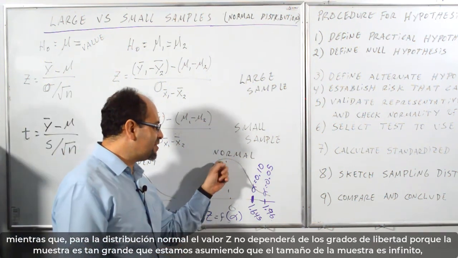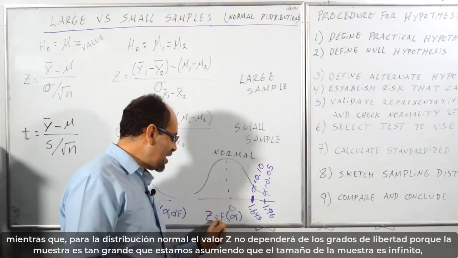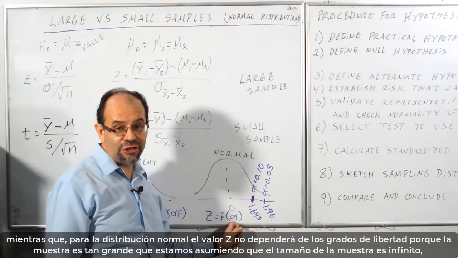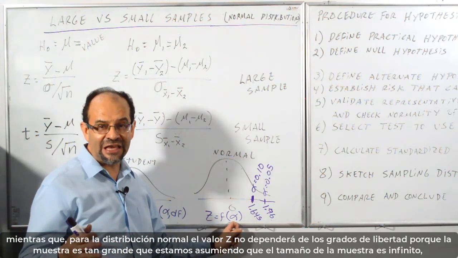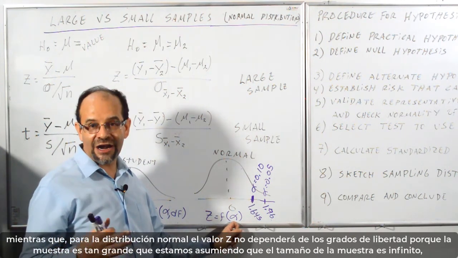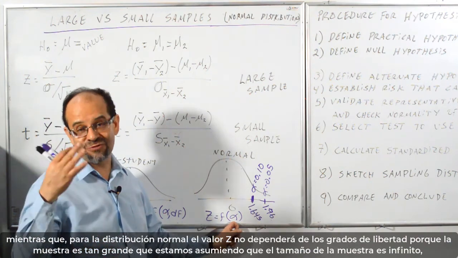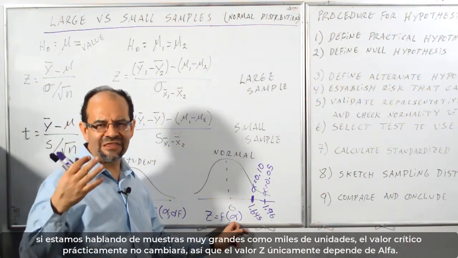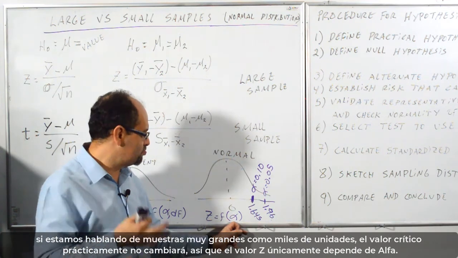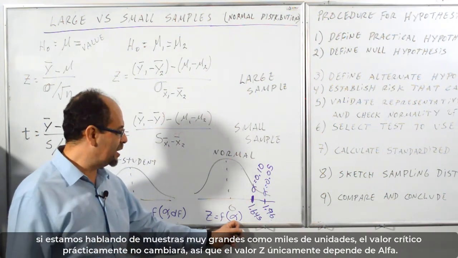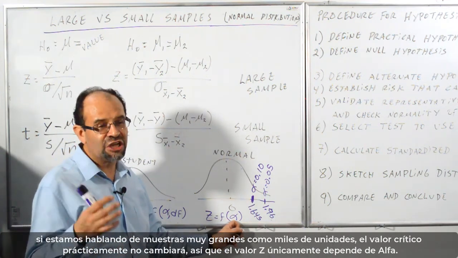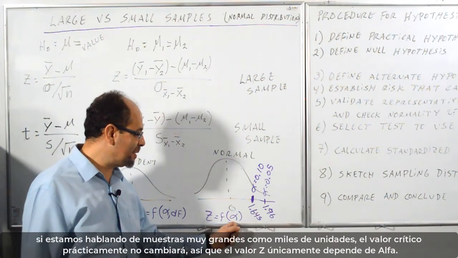And on the other hand, for the normal distribution, the z-value won't depend on the degrees of freedom because the sample is so large that we are assuming that the sample size is infinite, maybe thousands of values or big numbers. So there won't be a change in terms of the value. So basically, it depends on alpha.